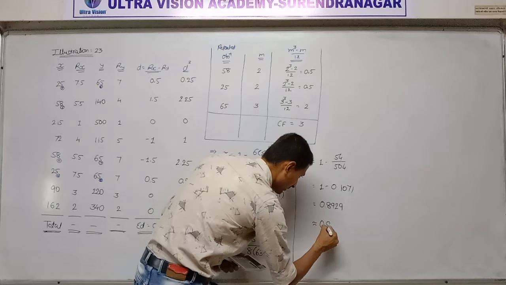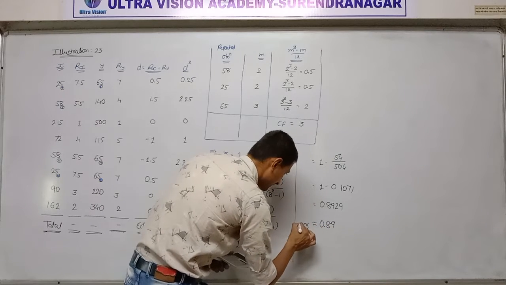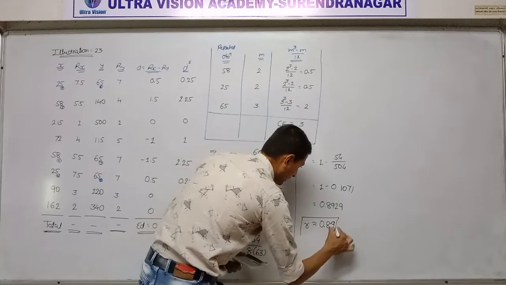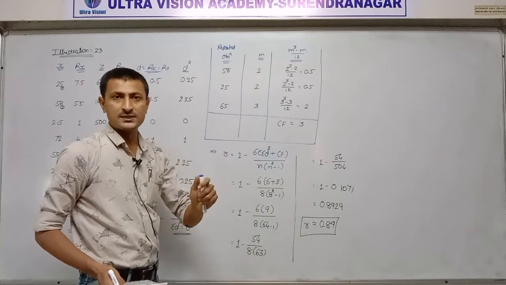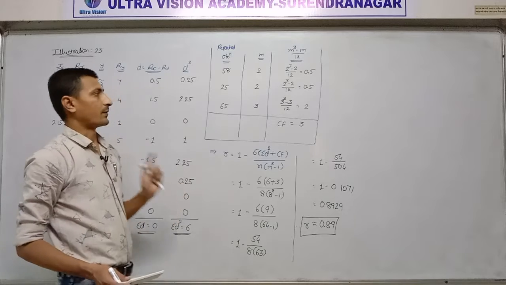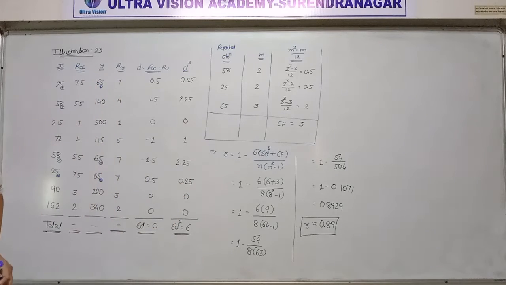Approximately our answer is 0.89. So the rank correlation coefficient between the two variables is 0.89, meaning high degree positive correlation. Okay, this completes illustration number 23.